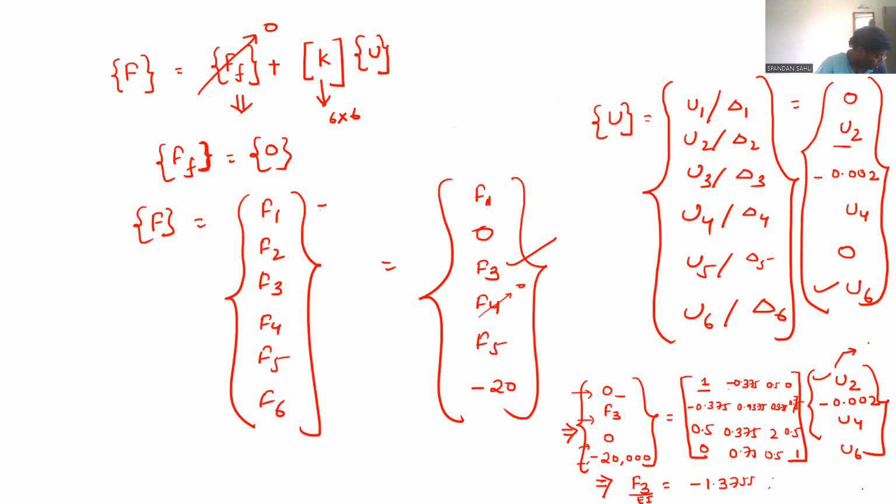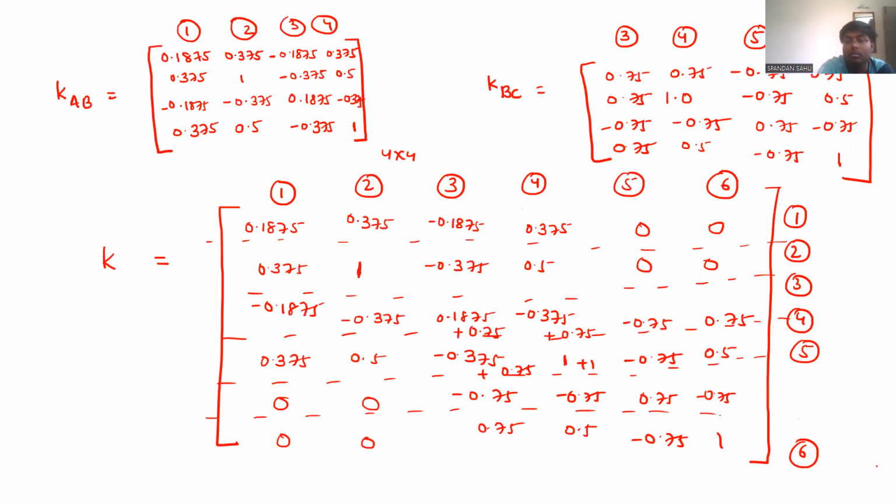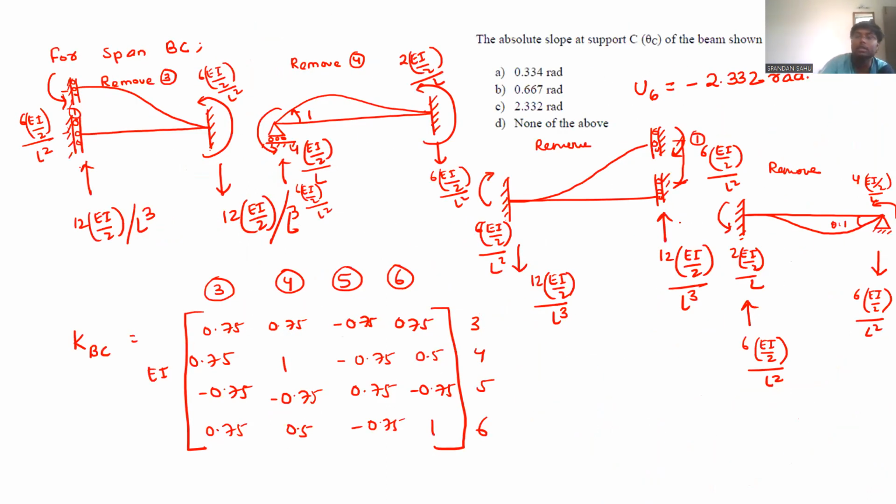What did we get? U2 is minus 0.334. U4 we got as 0.66. U6 we got as minus 2.33. Okay. So our theta C is U6, which is nothing but minus 2.332 radian. Option C.